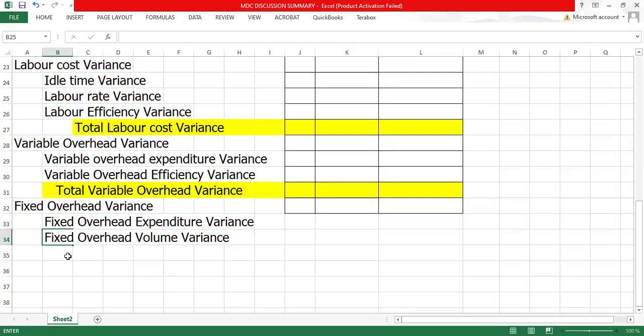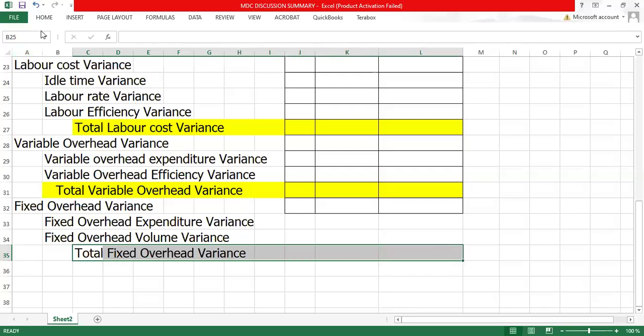You need only those two and be in position to get your total fixed overhead variance. And that will be all.